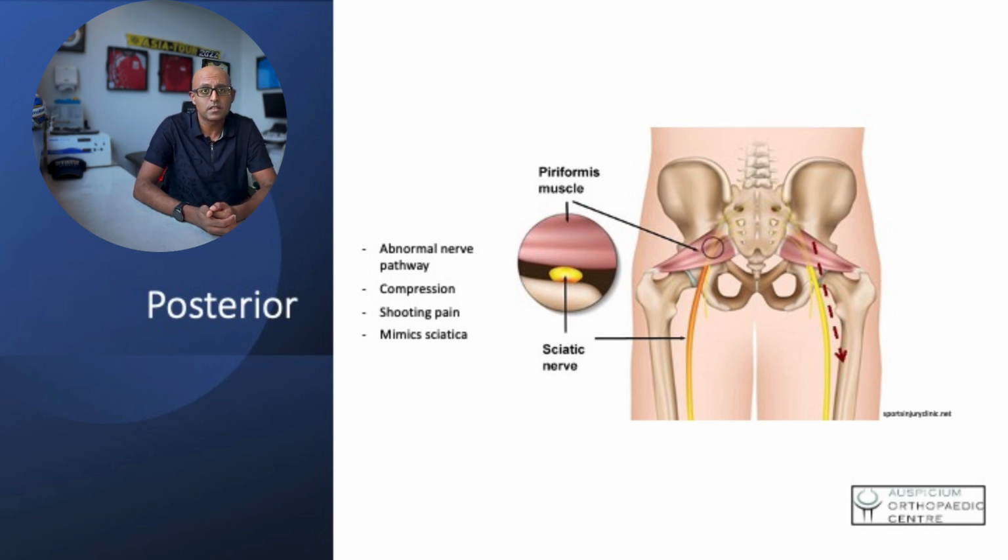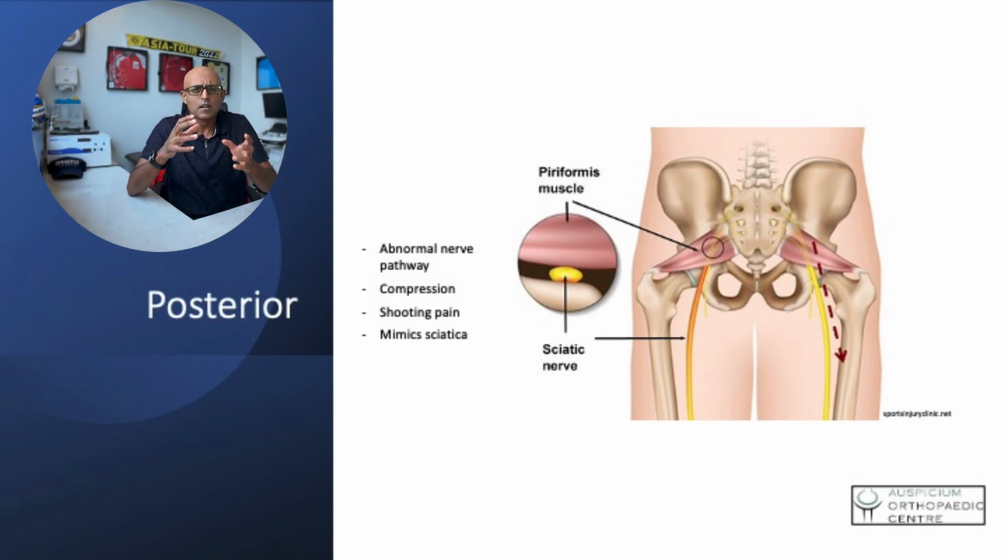Sometimes it can mimic sciatica, and in this situation, it's important to palpate around the piriformis to see if it causes the pain to radiate down the leg. Also, examine the lumbar spine to identify if there are any lumbar spine pathologies. But remember, in situations where there has been nerve irritation due to the lumbar spine, the sciatic nerve may be sensitized.